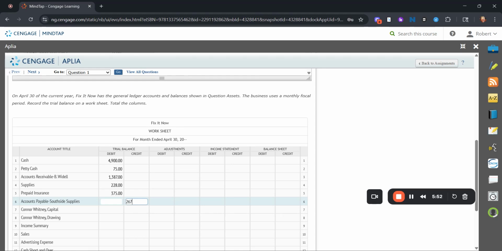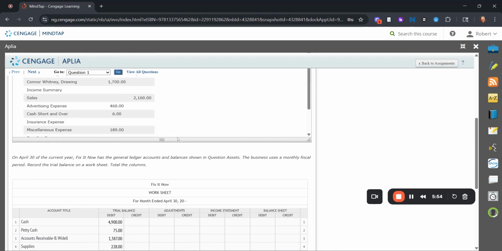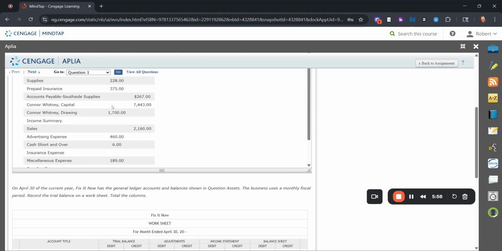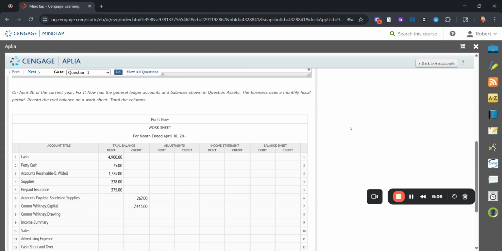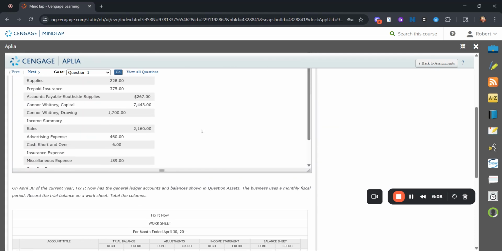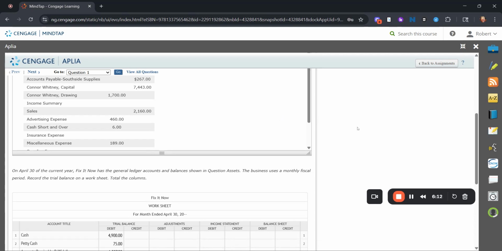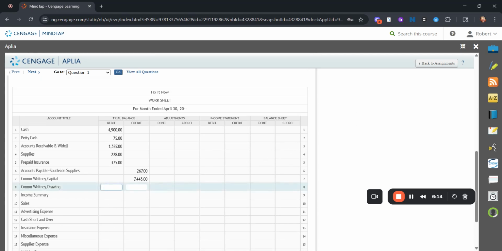And the capital account for Connor, $74.43. The drawing account, $1,700 on the debit side.